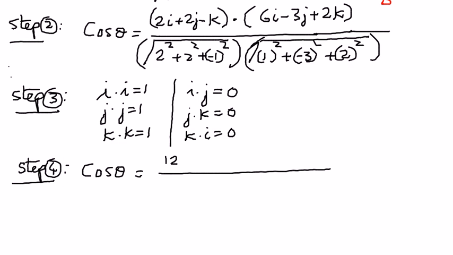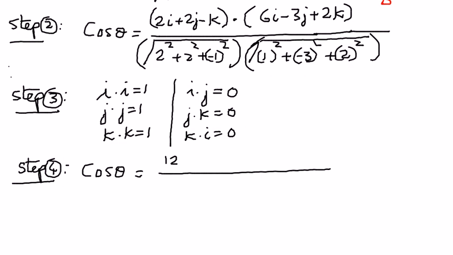Then we go to the second component of the first vector and multiply by all the components in the second vector. 2j dot 6i will be 12 ji, that is going to go to 0.